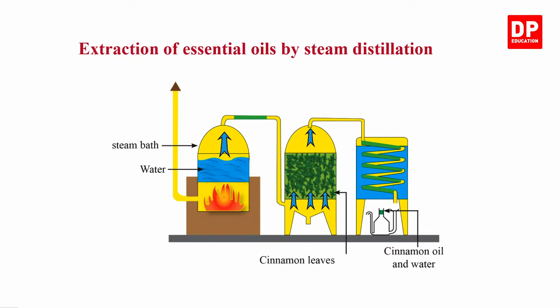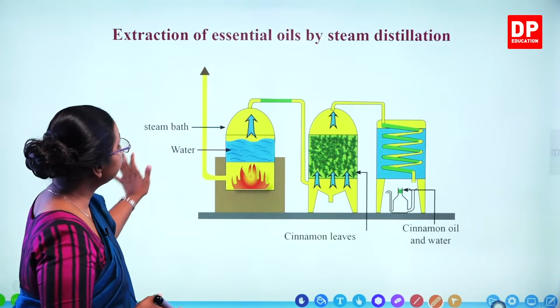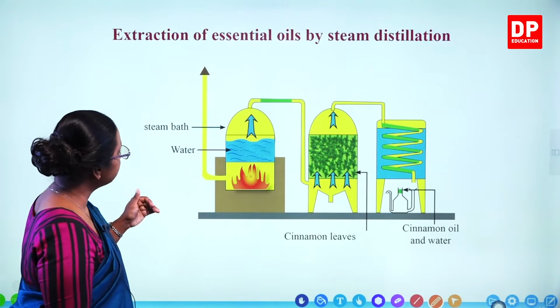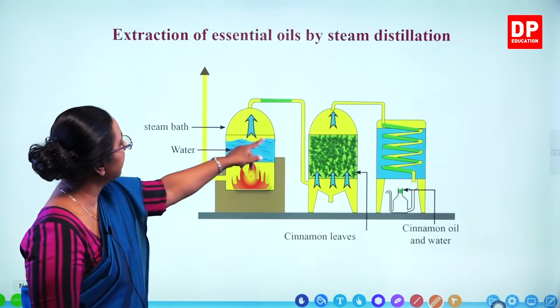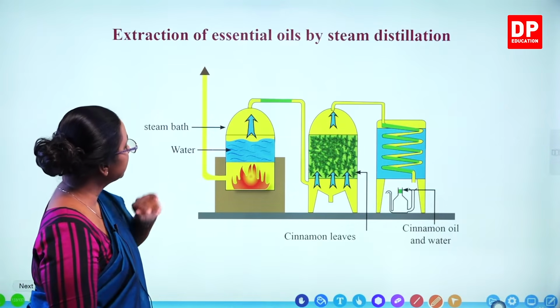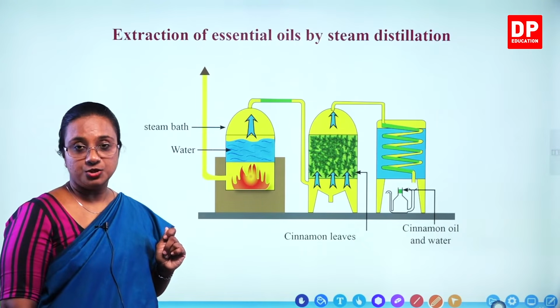Next, we will look at the procedure. Extraction of essential oils by steam distillation. You already know the setup that is used in the lab to carry out steam distillation. This is an industrial setup. So here you can see there is enough heat given to a tank containing water, and from there the steam is generated and the steam passes through this tube.